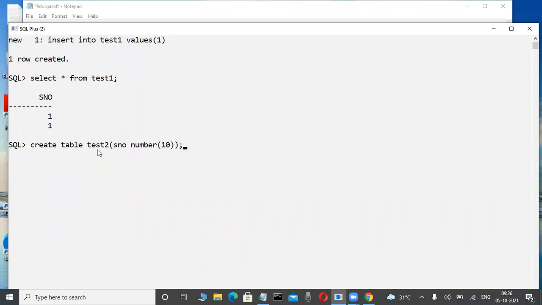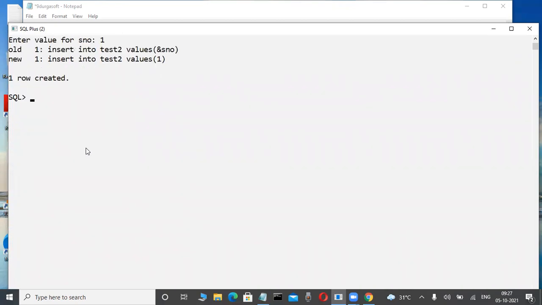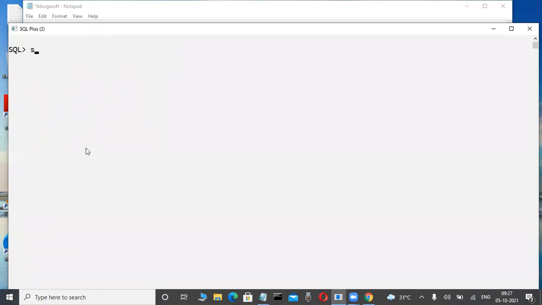Insert into test2 values with ampersand s number: 1, 1, 1. Observe the left hand side table, select star from test1. In your right hand side table, select star from test2. For example, these 2 tables they give. Okay, fine.